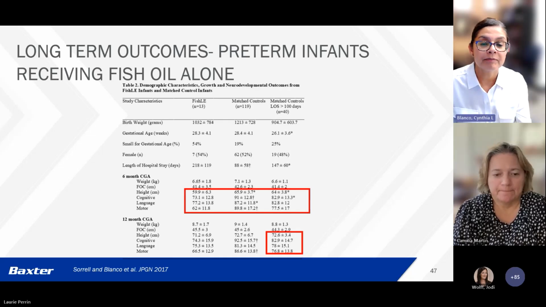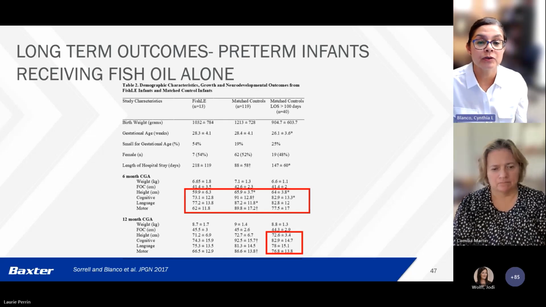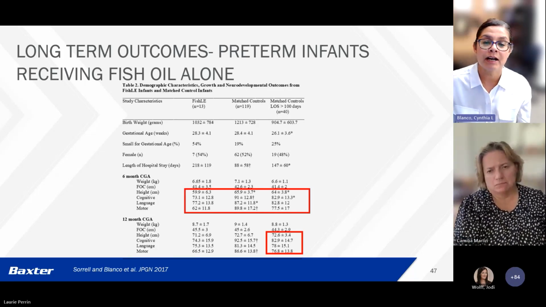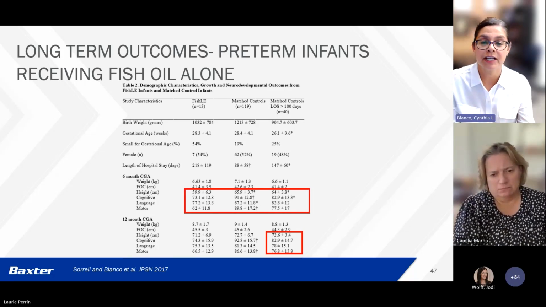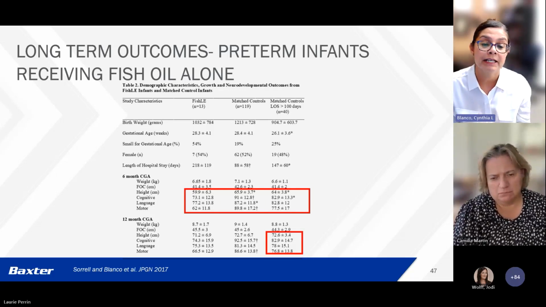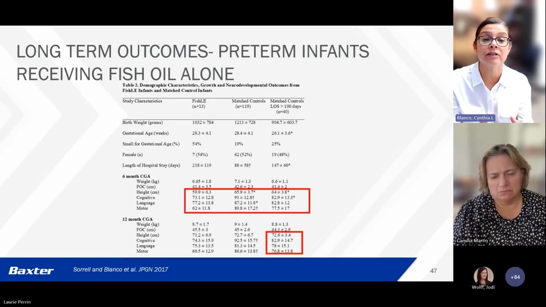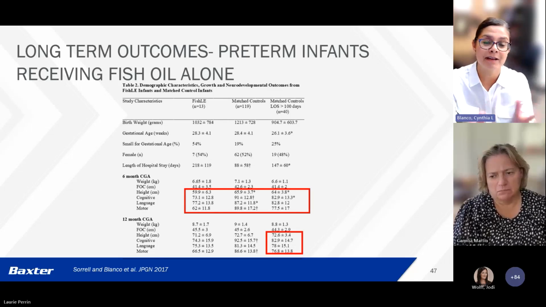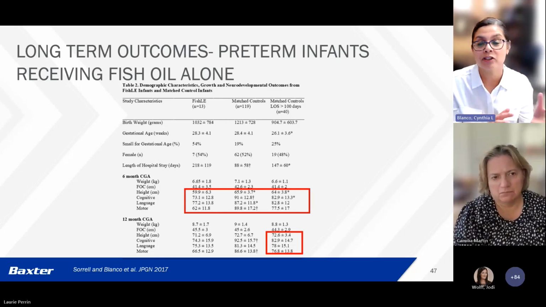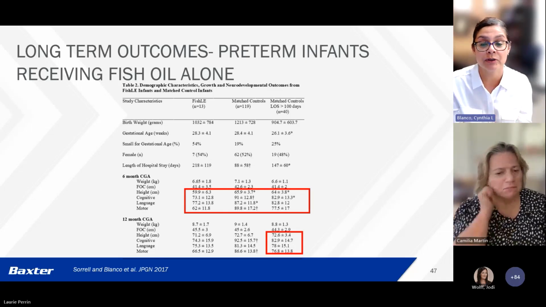And we have published some of the long-term outcomes of using fish oil alone. And we did a prospective study comparing with matched controls with long-term neurodevelopment, and by utilizing fish oil in combination with intralipid or IV, and I'm going to talk about it just because it's in the paper, that was a soybean-based solution in combination with fish oil.